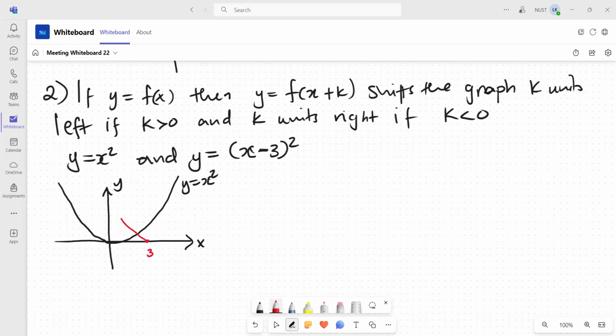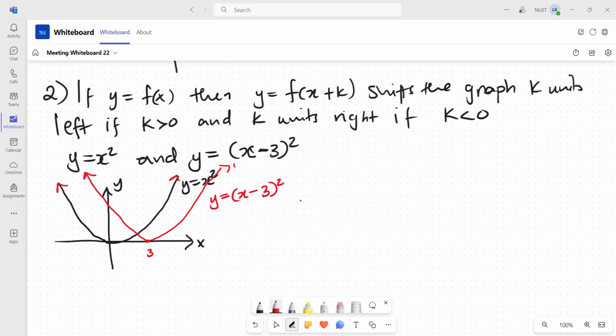And then this is your graph y is equal to x minus 3 squared. Okay, so it obviously continues like that. This one also continues like that. But if you had x plus 3 squared, then it shifted 3 units that way.